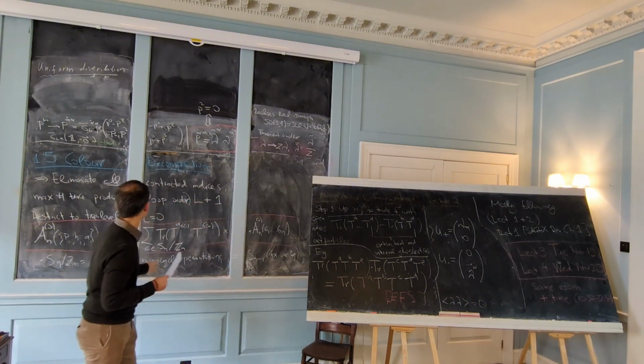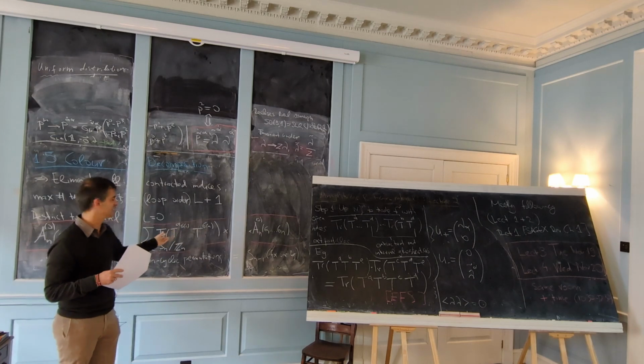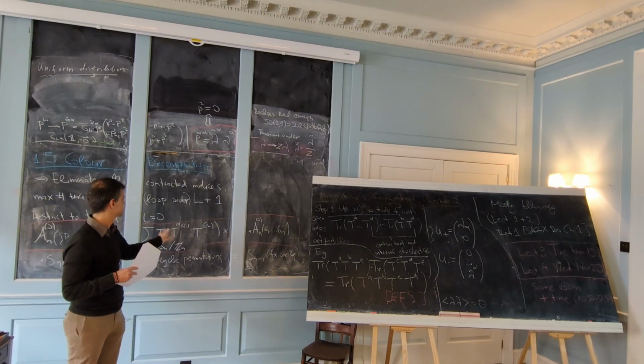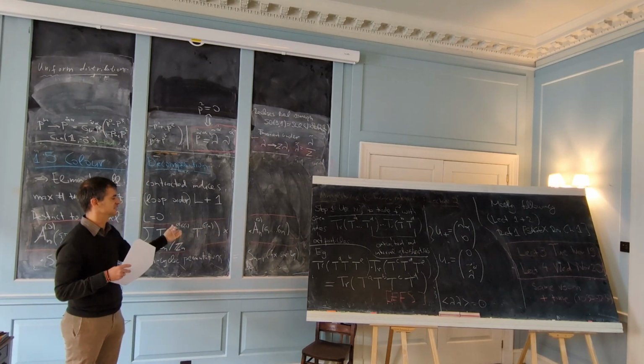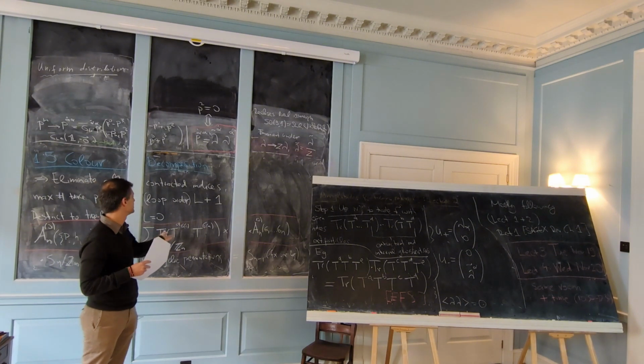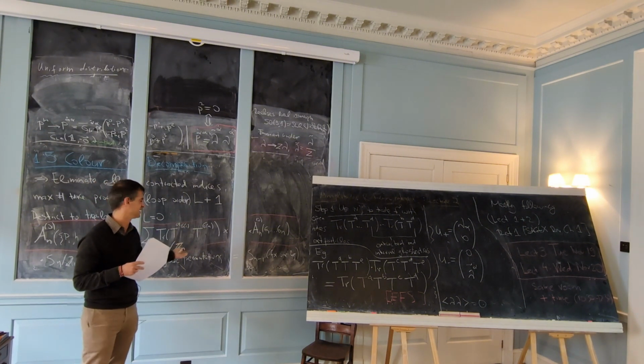Since the trace is itself cyclic, as I said, TABC is equal to TCBA, so you don't need to consider this transformation because the trace is already invariant under this.